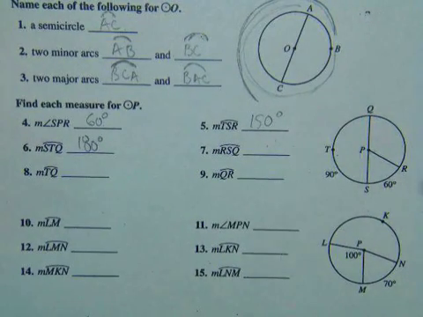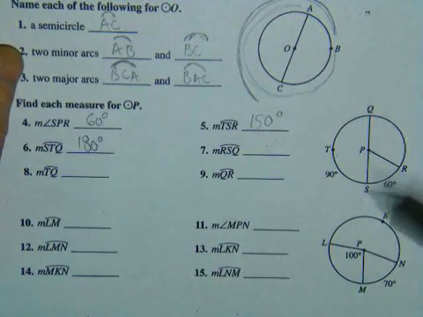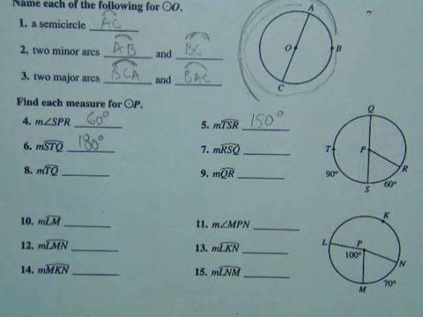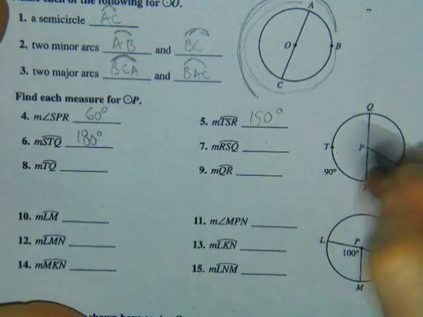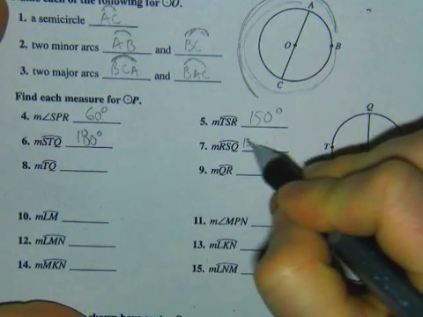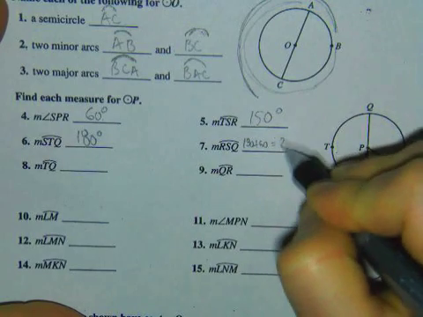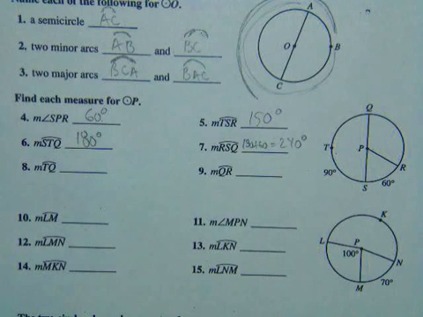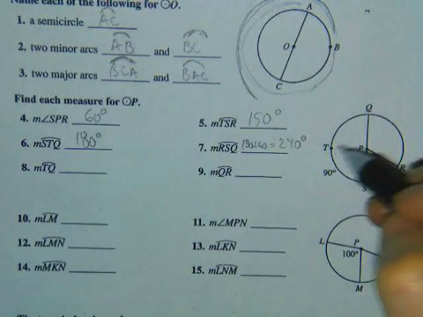RSQ, so we're here. It's a major arc because it has three letters. So this whole thing is 180 plus the 60. Plus 60 is 240 degrees. Continuing on, TQ is right here.